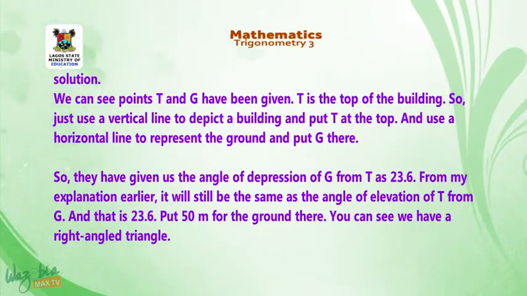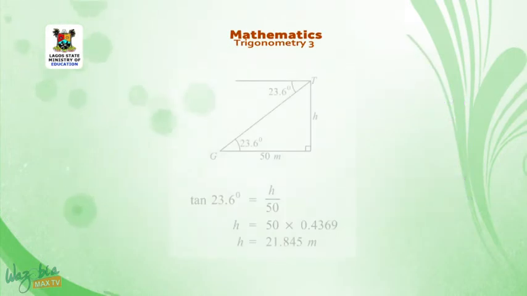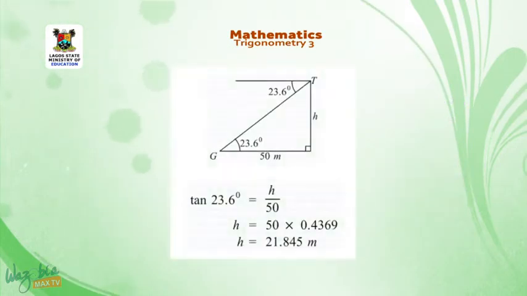From my explanation earlier, it will still be the same as the angle of elevation of T from G, and that is 23.6 degrees. So put 50 meters for the ground there. You can see we have a right angled triangle.